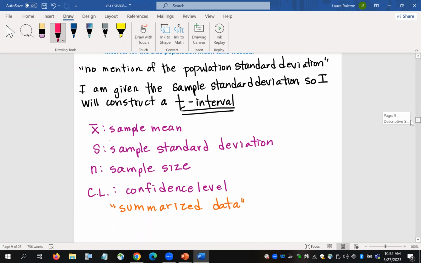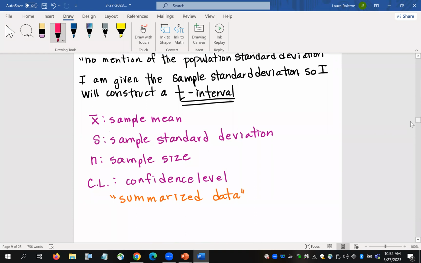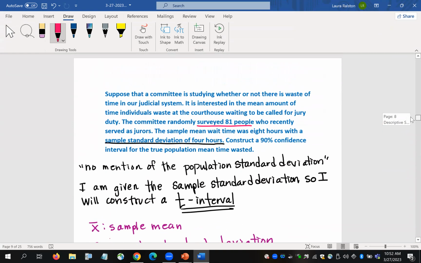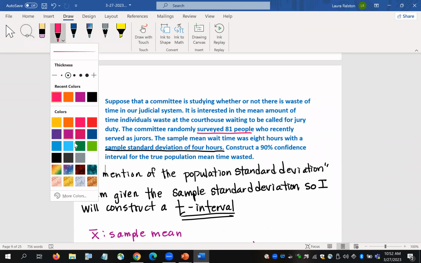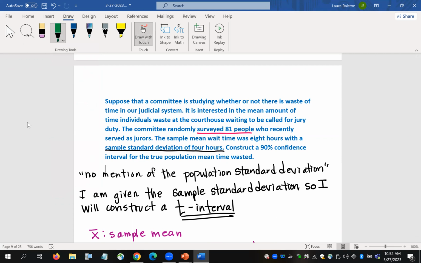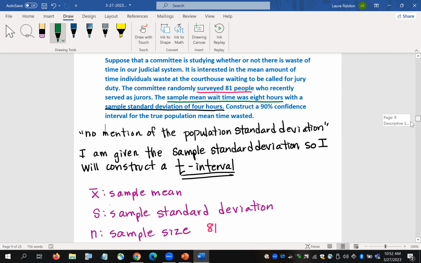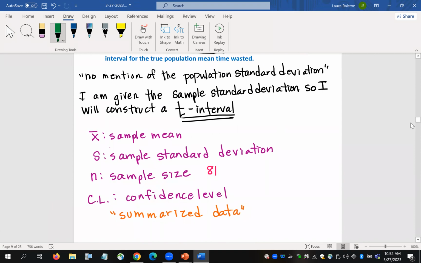So my sample size is 81. If I keep reading, the sample mean wait time was 8 hours. Okay, so my sample mean was 8.